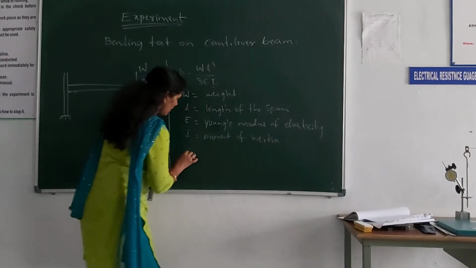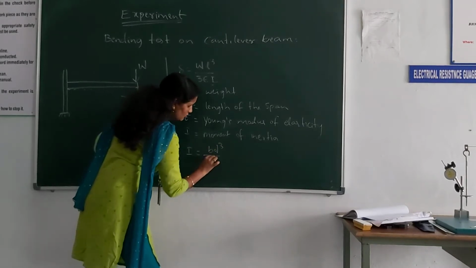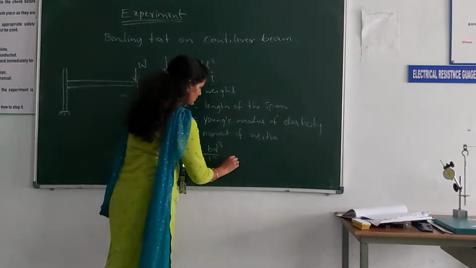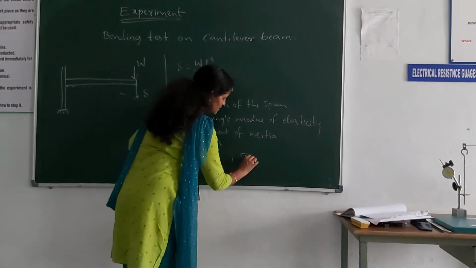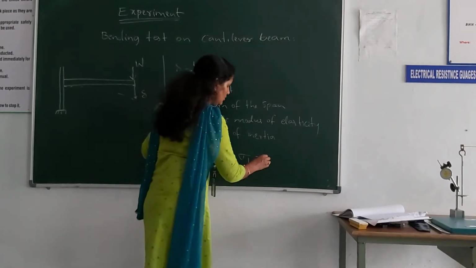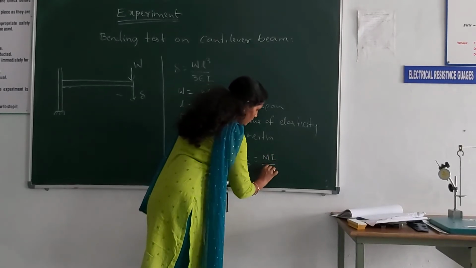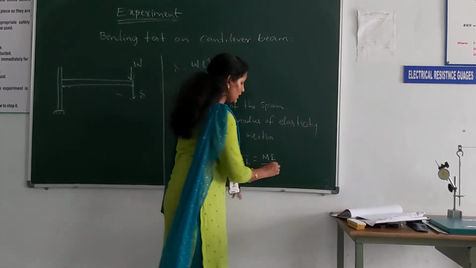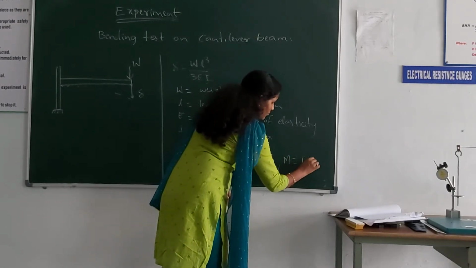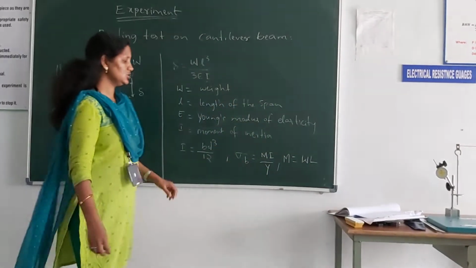Moment of inertia I is equal to, for the cantilever beam, BD cubed by 12. One more thing we have to determine is the bending stress. Bending stress sigma B is equal to M into Y by I, where M is the bending moment, M is equal to W into L, weight into length of the span.